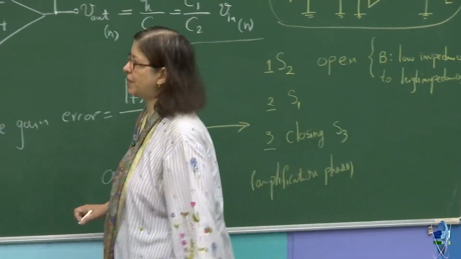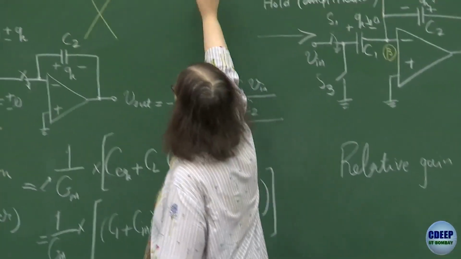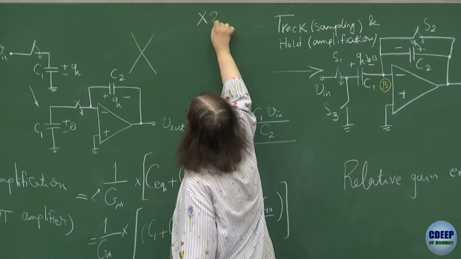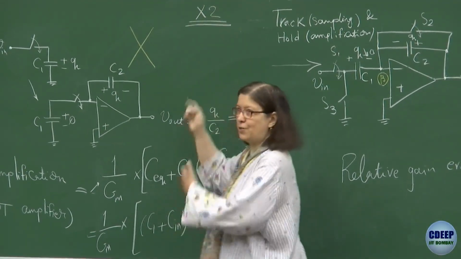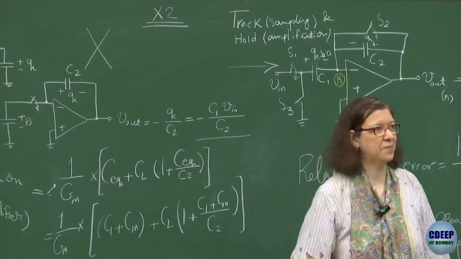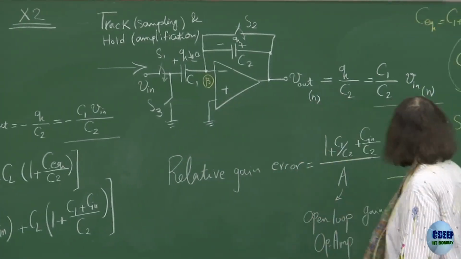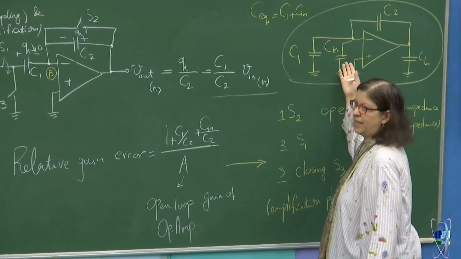In fact, do you remember in MDAC we need multiply by 2 or multiply by 4, right? And you need to do it in discrete time. So this multiply by 2 can be done by a technique like this, right?